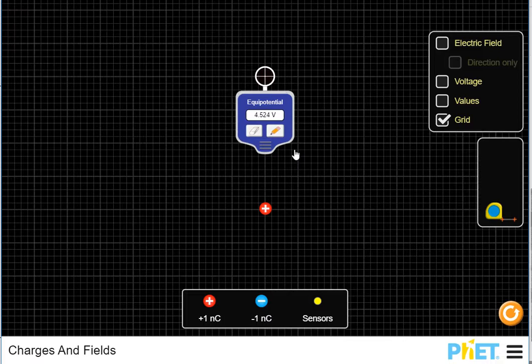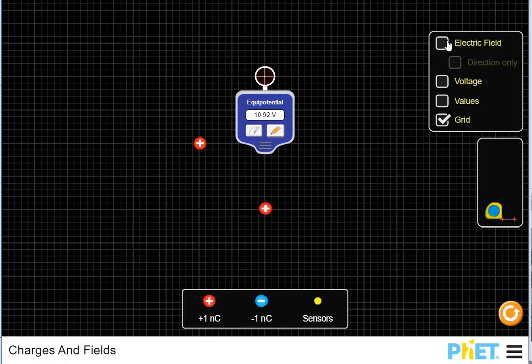So again, remember that number, write it down. Let's see what happens if I put a charge back to that original point. It's just going to be the addition of the two: 6.375 plus 4.524. All we did was just add up the potentials of both of them.